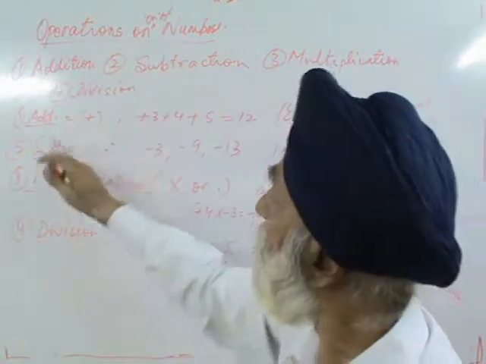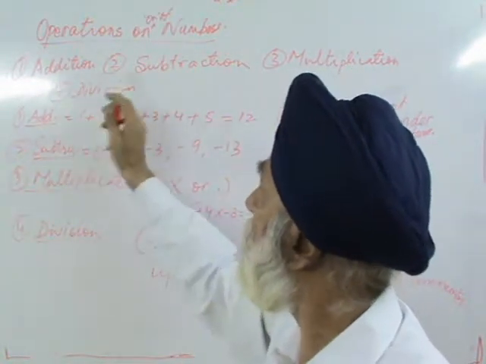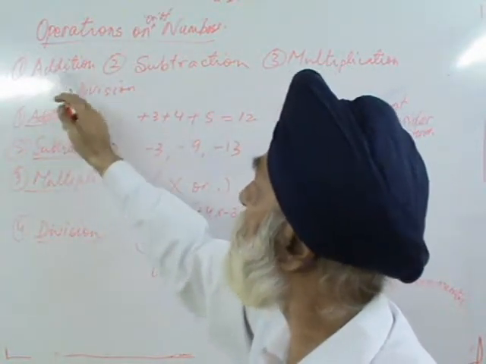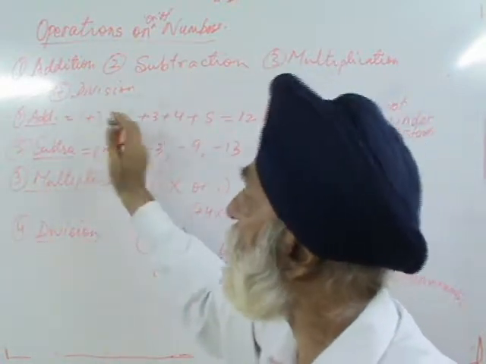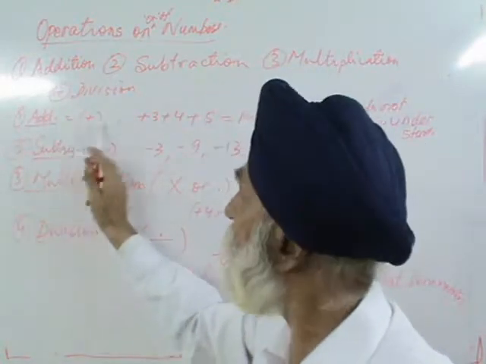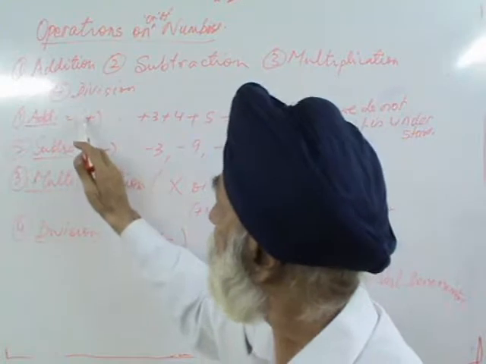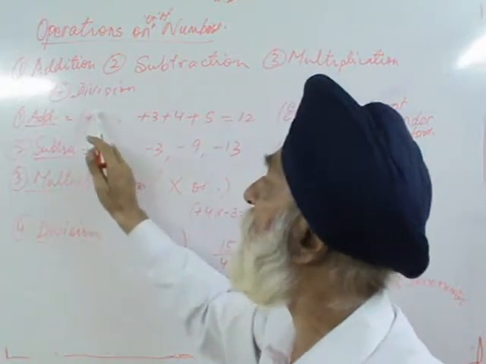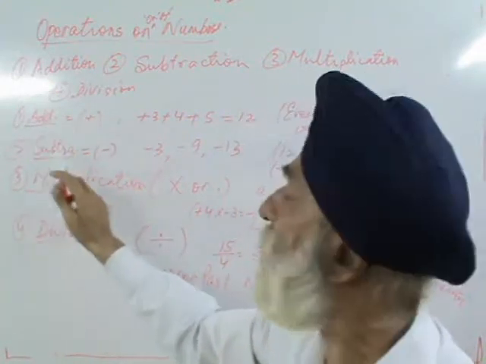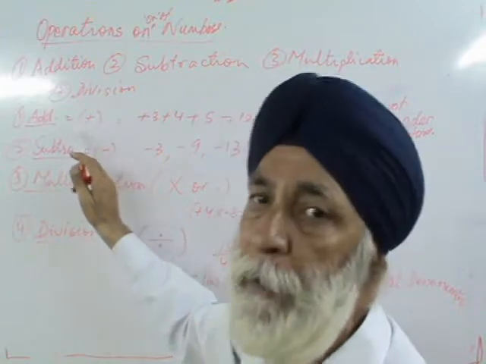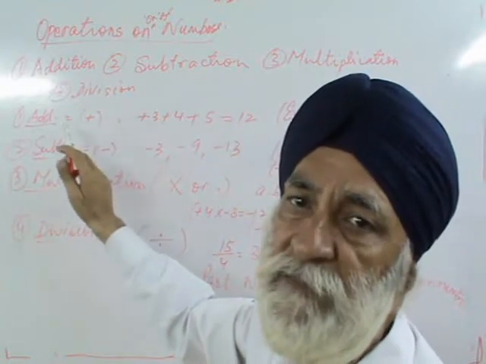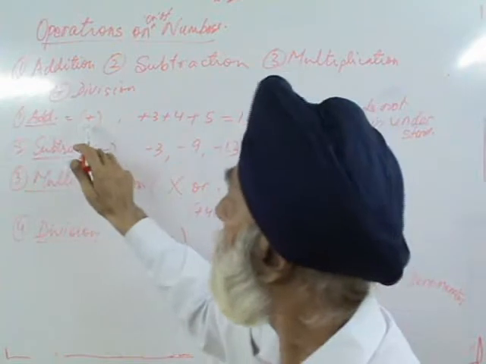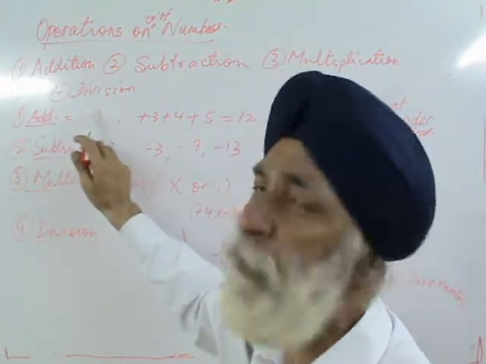Operations on numbers are addition, subtraction, multiplication and division. What is addition? I have written a plus sign. This is a cross of two perpendicular lines, vertical and horizontal, meeting at a central point which is the bisector or center of both of them.